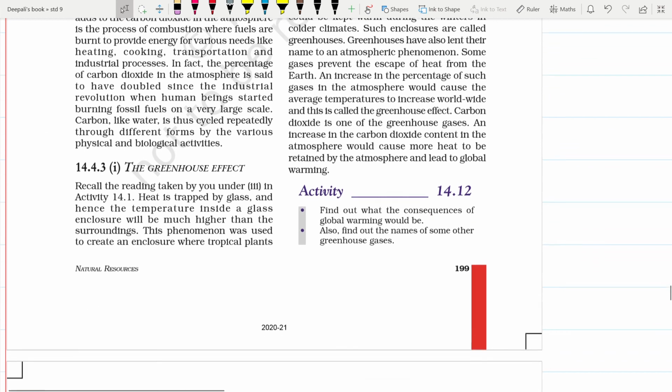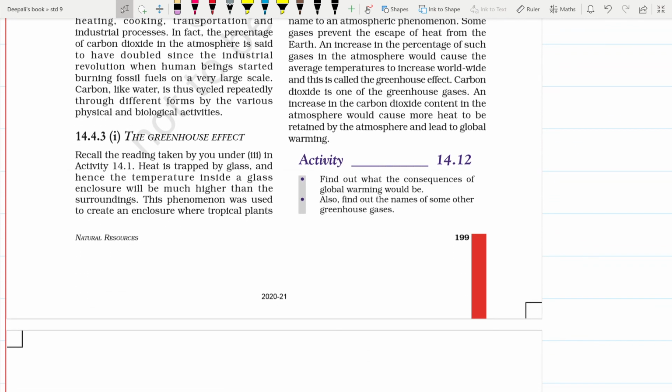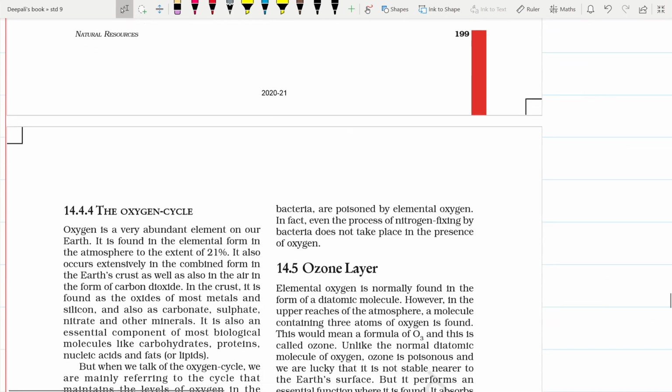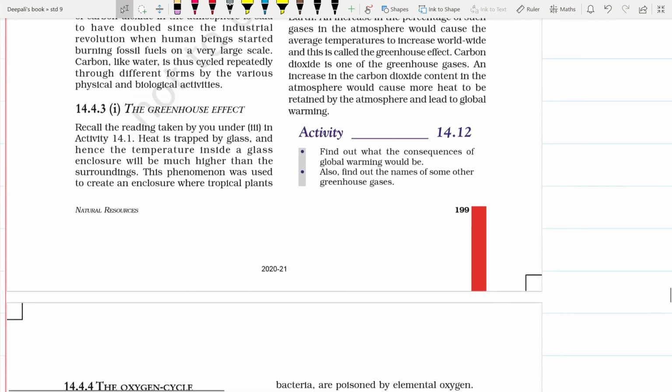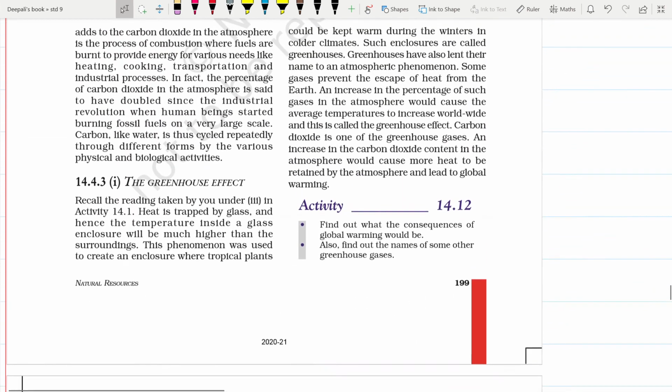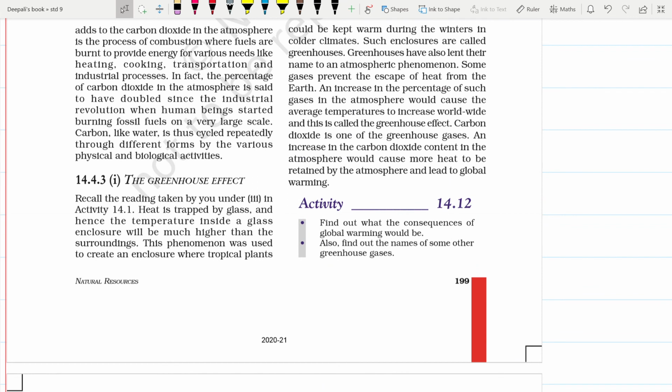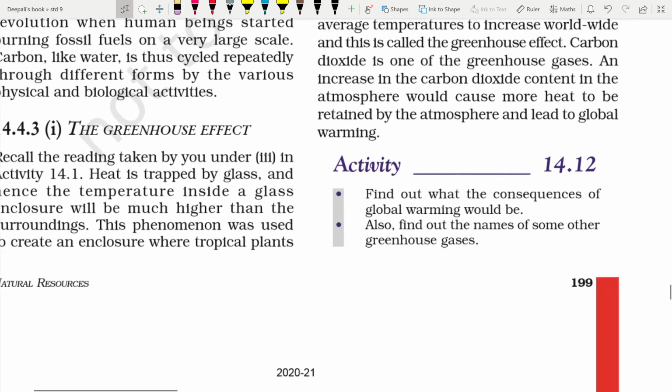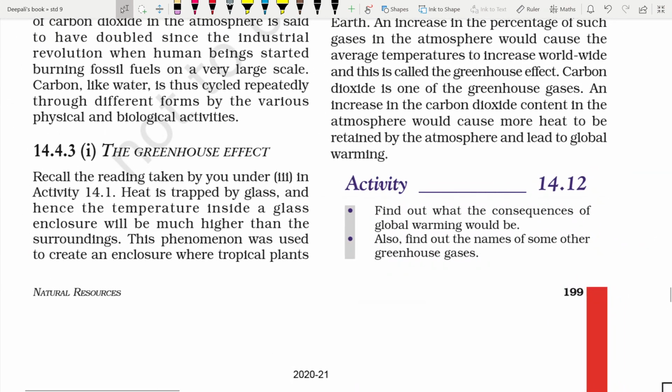Now there is another topic related to this carbon cycle, which is called the greenhouse effect. We are very much familiar with the property of carbon dioxide to absorb and retain the heat of the sun. Recall the reading taken by you under the third activity 14.1.